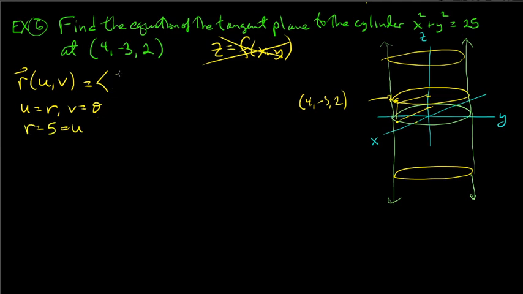So only v varies here. So this is going to be 5 times the cosine of v and 5 times the sine of v. And then z. Oh, yes. So it can't be u here. r is a constant 5. We need a parameter for z, so that'll be my u, I guess.